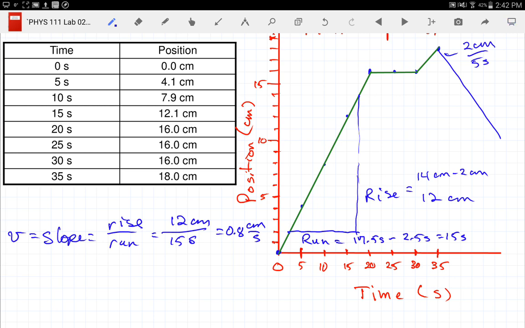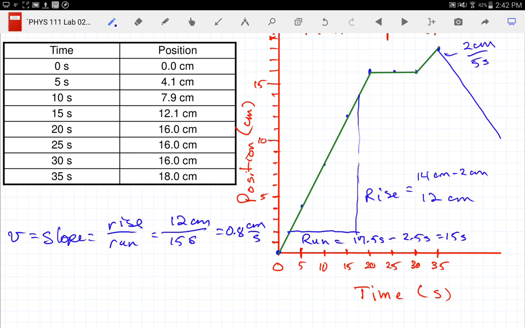And so since usually your data points aren't even on the line, I choose specifically points that aren't data points. I want them to be as far apart from each other as possible, because if they're far apart, my uncertainty in how close I am to identifying what the value was at the points I use is small compared to how big the range is. So I want them as far away from each other as possible.